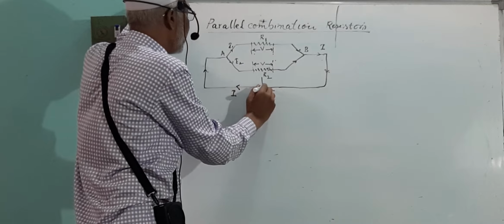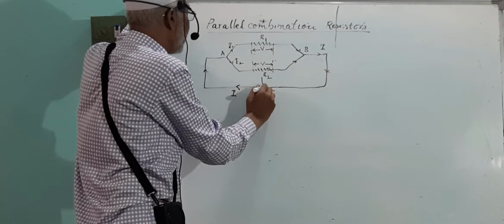Consider two resistors R1 and R2 connected in parallel as shown in the figure. This figure shows the parallel combination of resistors. You consider two resistors which are connected in parallel, as shown in the figure.